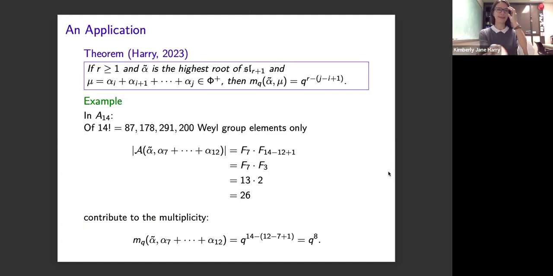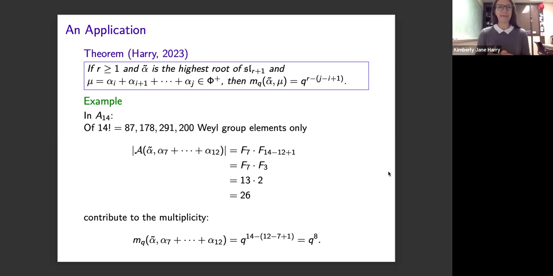Okay, let's look at an example of how nice this turns out. So like I said, we're looking at type A, and I said, let's pick 14. 14 factorial is a really large number, and if we were just looking at the whole group, we would have to check all of those elements, which would take a really, really long time.